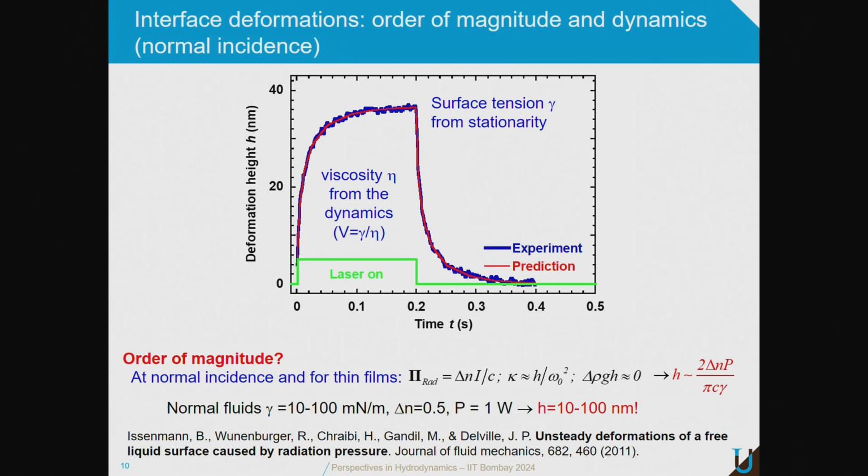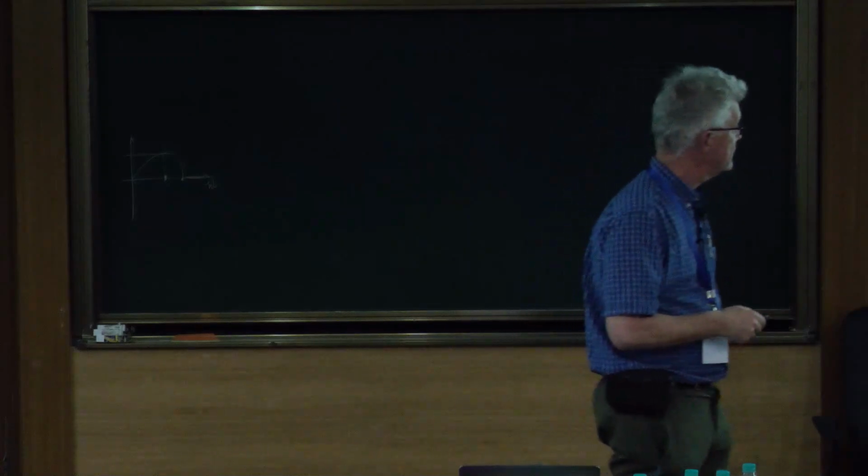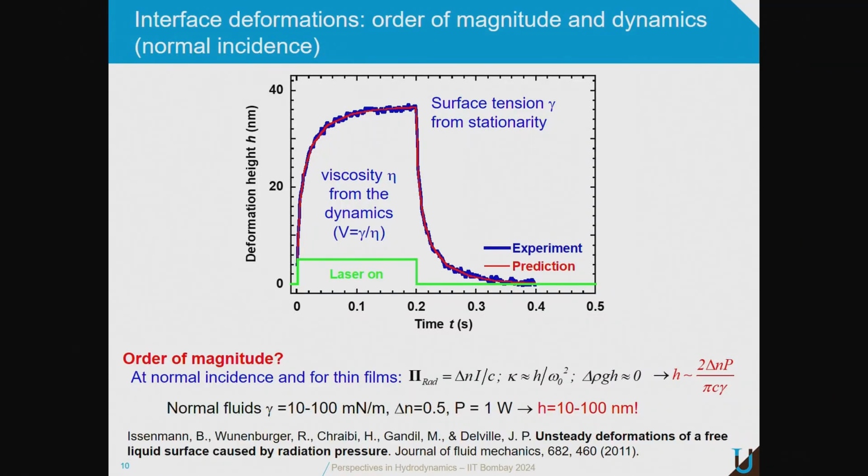And now I agree with Michael. The problem is order of magnitudes with photons. At normal incidence, you can have a very simple order of magnitude of the radiation pressure, of the curvature. So you can get an order of magnitude of the height of the deformation.